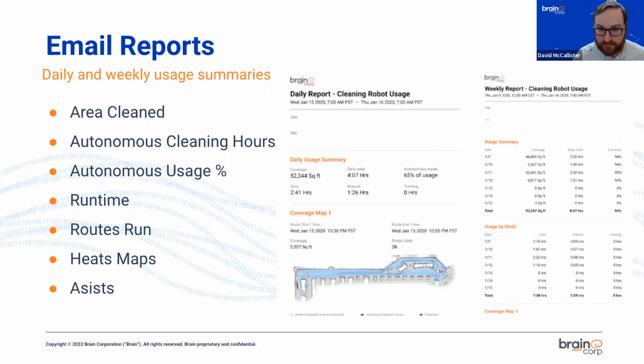These metrics are common, but in these email reports you will see area cleaned, autonomous hours, percentage of autonomous versus manual, how long it was run, which route runs were run, heat maps, and how many assists, and what the root causes were. So this gives you, in a snapshot view, a report of your robot performance without any special tools, right into your inbox, which is a super convenient way to digest your robot's data.